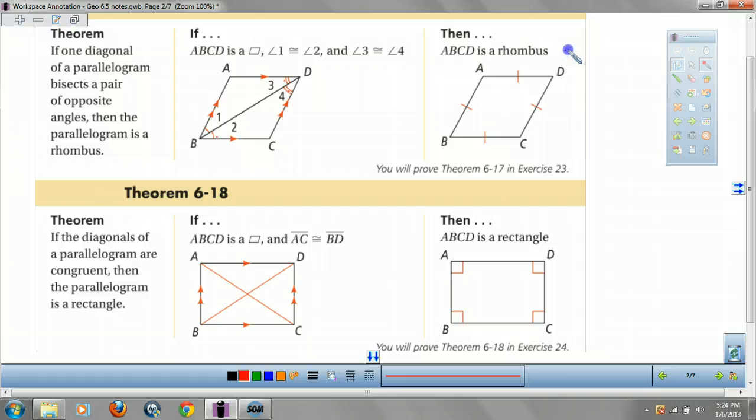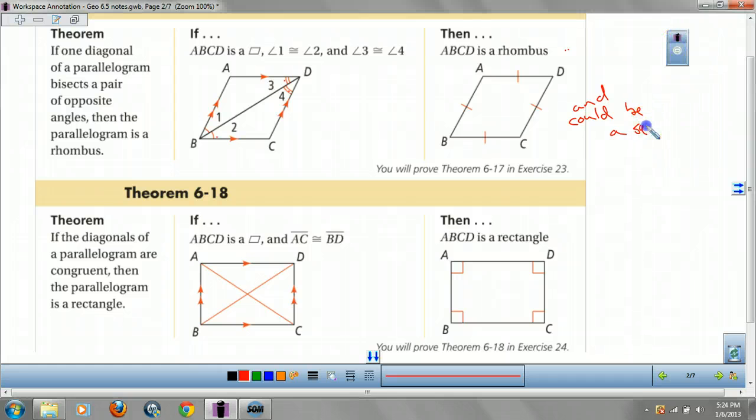It's a rhombus and could be, because a square is a rhombus. And could be, because remember, a square has 4 equal sides, so it makes it a rhombus.